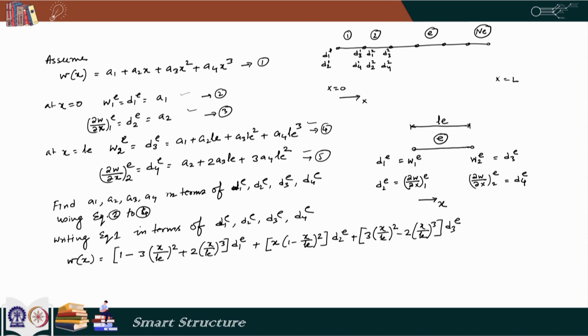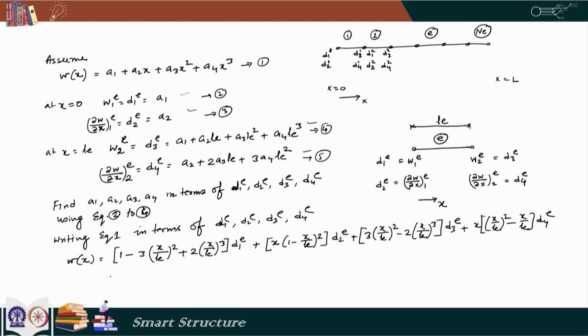multiplied by d 3 e, and then plus we have again x multiplied by x by L e whole square minus x by L e, and this multiplied by d 4 e.